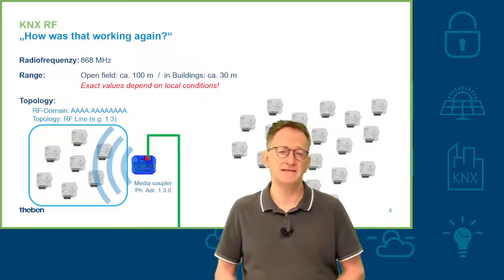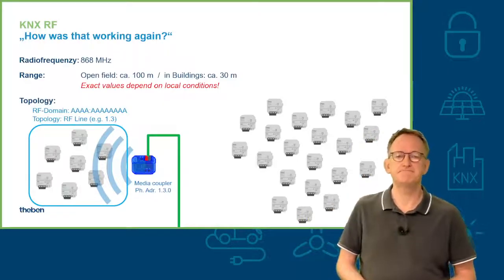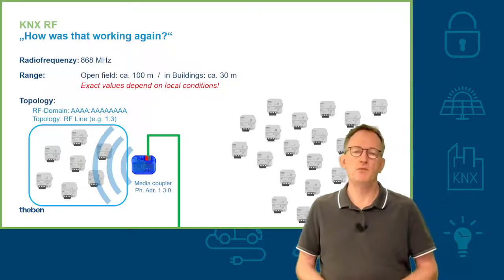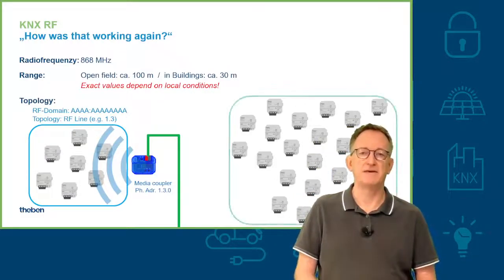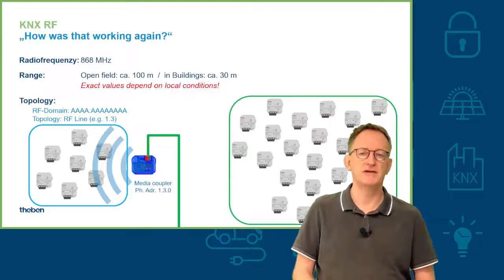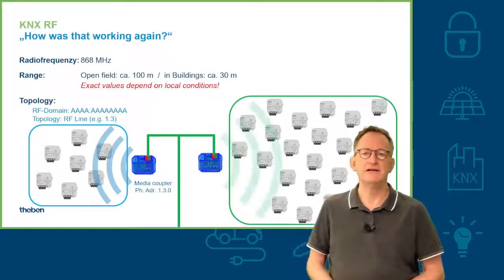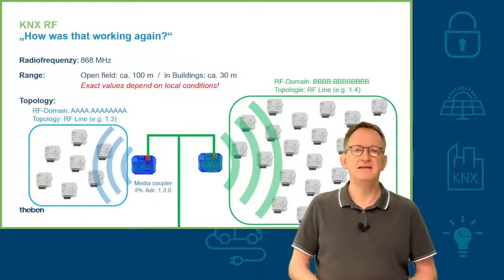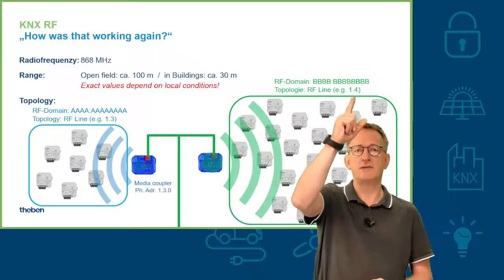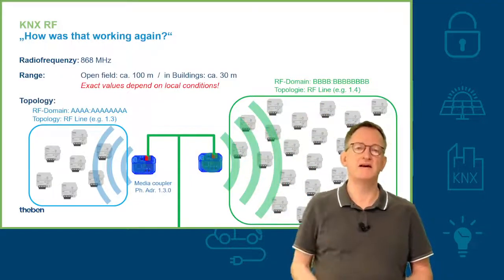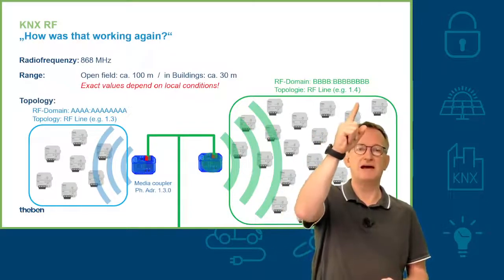If we have a second group of devices, as you can see here on the other side, which also belong together in an RF domain, also communicating with their own media coupler, this group of devices has its own domain. So the domains are completely different, and it also has its own line number.